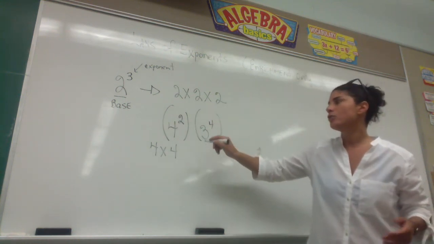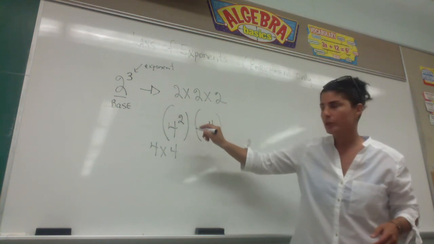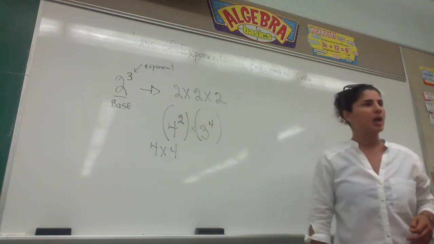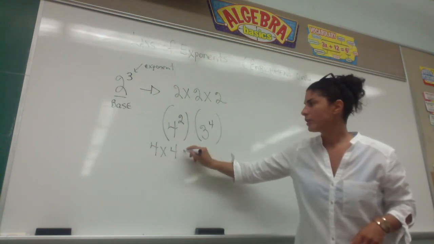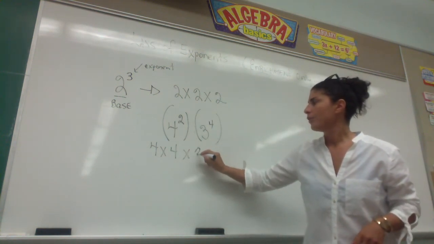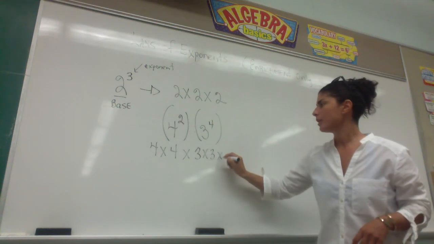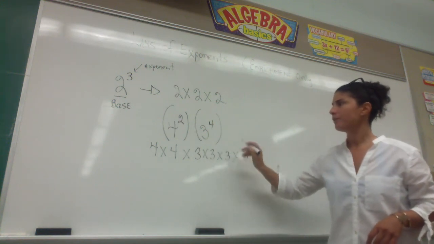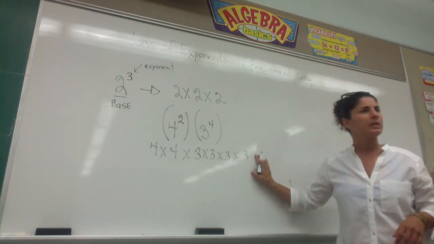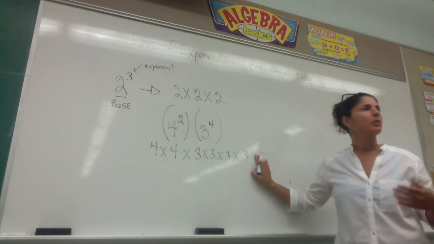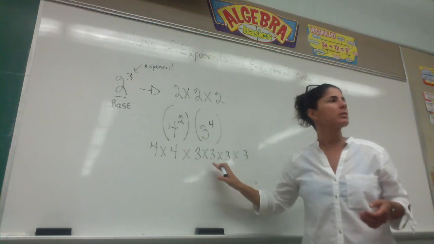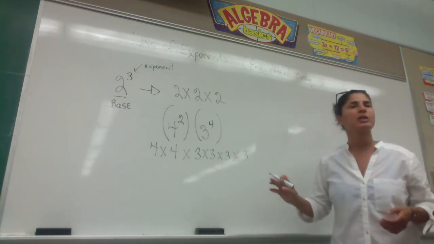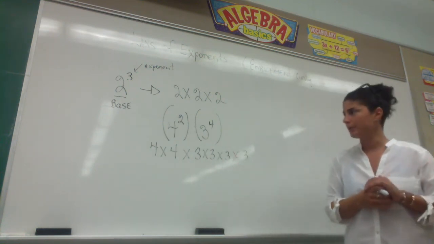And they could have also used, in the olden days when we were doing integers, a times. So what does it mean? It means 4 times 4 times 3 times 3 times 3 times 3. So far, this makes sense? We would take our calculator, 4 times 4 times 3 times 3 times 3 times 3, and if you knew how to use your exponents on the calculator, you would do it that way.